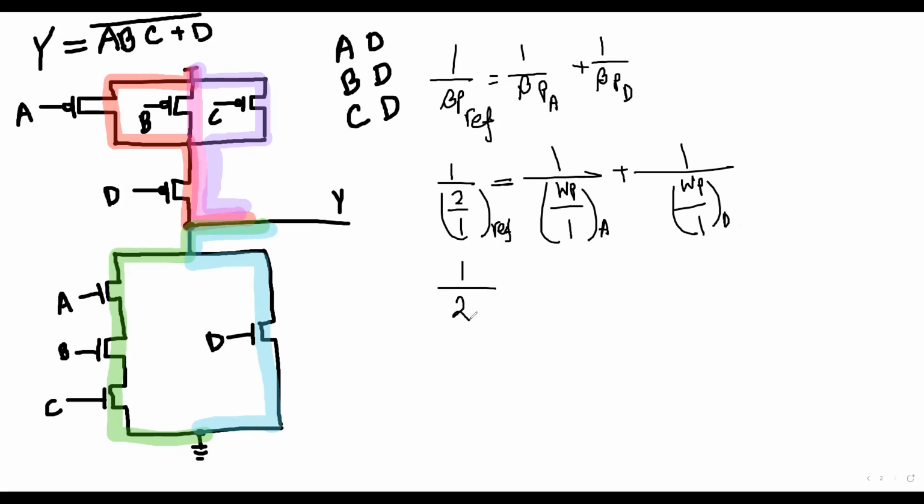So 1 divided by 2. 1 divided by WP, this is for A. 1 divided by WP, this is for D. Since they are in the same path, that means the series, so we are going to assume they are same. So it will be 2 and it will be WP. And since it is for A and this is for D, I'm going to write D.